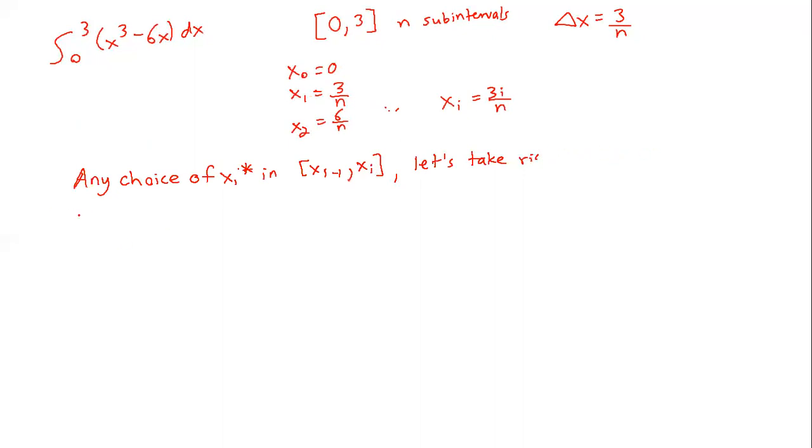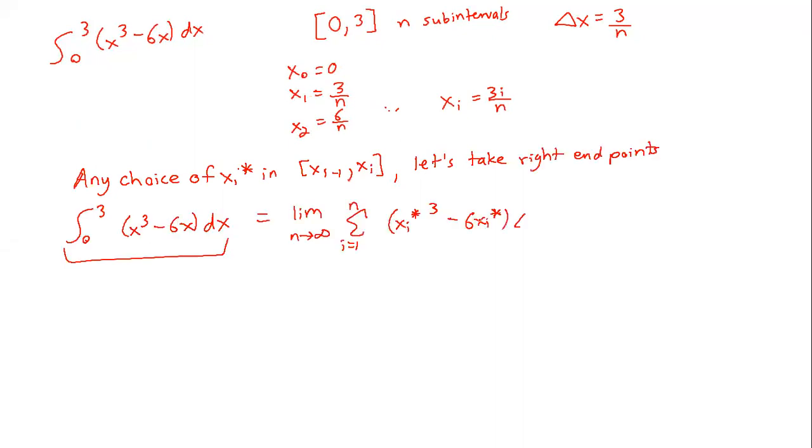And so because we said that you can use any choice of x_i star in the interval, which I didn't show how to prove, but I'm just stating that it can be proven, let's take the right endpoints, because why not?